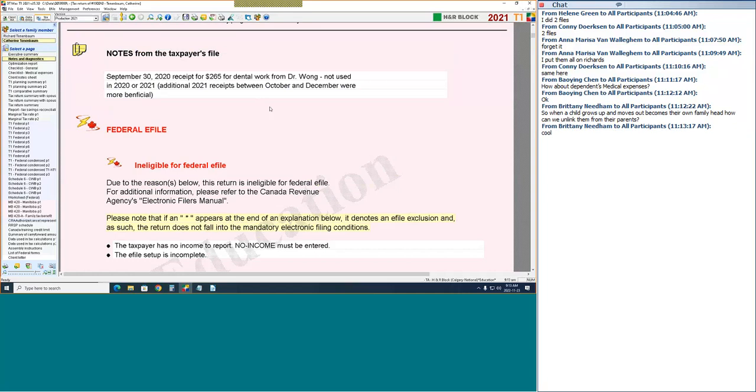When you have a client coming back going, why didn't you claim my receipt? I had a receipt. I brought it to you. You didn't use it. Rather than me looking at the file and having to figure out why I didn't claim it, and I may not have all the dates for those receipts later on if I've done a summary at the bottom, I can just look at my notes and go, oh yeah, no, we looked at that receipt and we decided we couldn't use it and this is why. And then you have solved the problem without having to do any extra work.